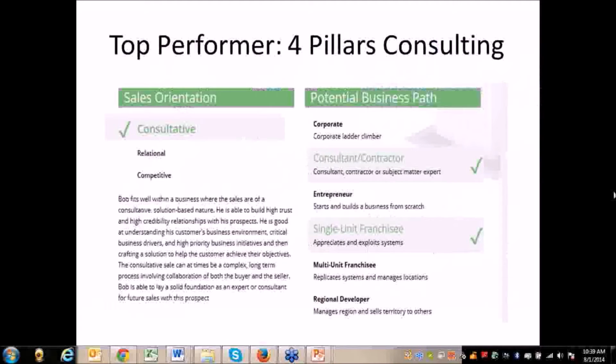If you look at that business model, it makes sense, right? This is a model where we're solving problems. We're sitting down, looking at someone's business in Four Pillars Consulting and helping them come up with solutions to grow market share. So First Light Home Care, another great example where we're using consultative sales skills and we think more like a contractor or consultant or single unit operator.